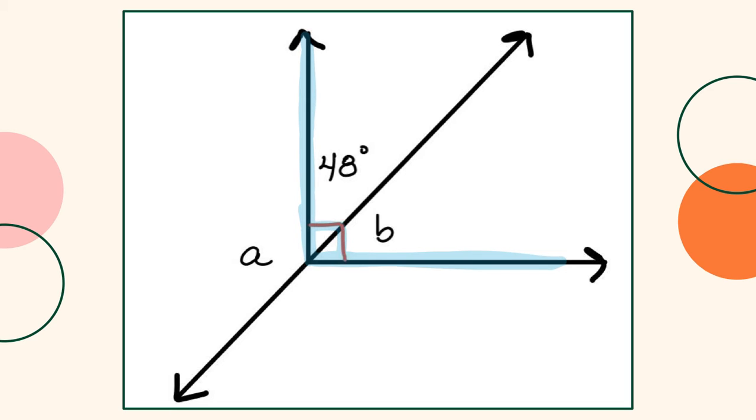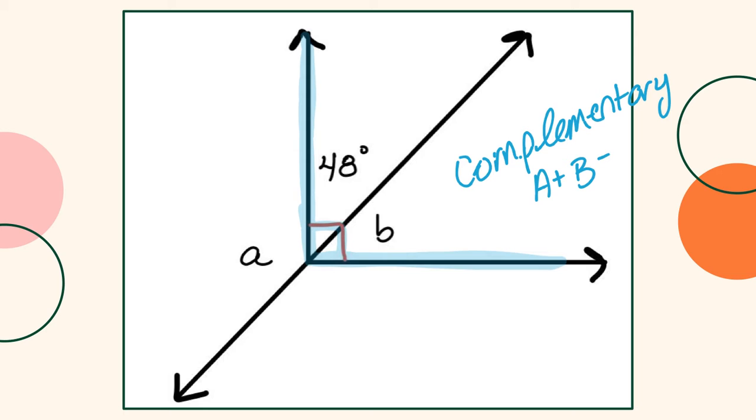So if I have a 90-degree angle, those are angles that are complementary. And complementary angles mean A plus B equals 90. So if I'm going to solve for this, I'm going to say 48 plus B equals 90, and then I'm going to solve my equation. So I'll subtract 48 on both sides, and then I will get that B is equal to 42 degrees.